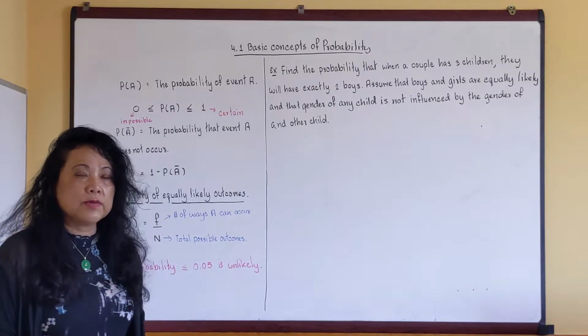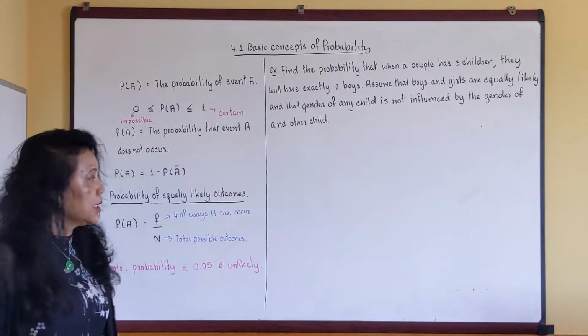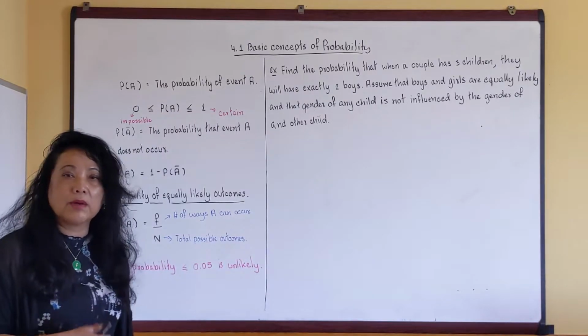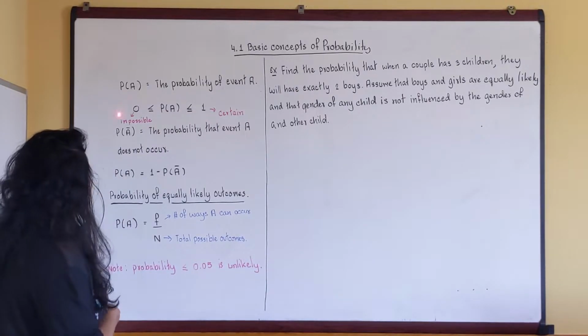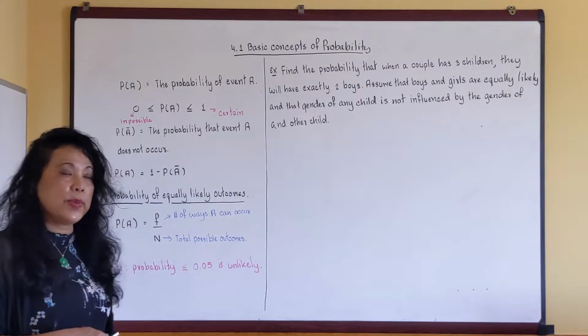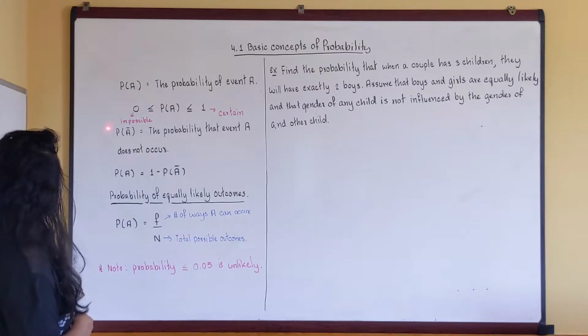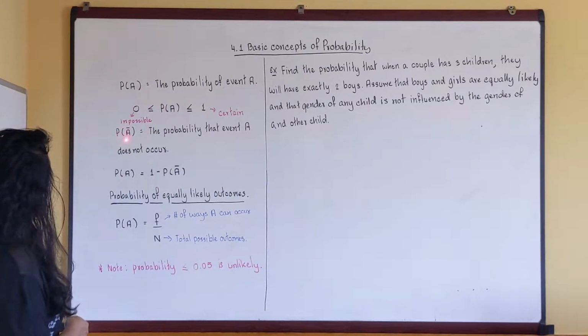For example, if you toss a die, it's impossible to get the number 12, right? Because we have only numbers 1 to 6, so it will be 0. For sure it will happen, so it's 1 or 100%. P(A bar) means the probability that event A does not happen.